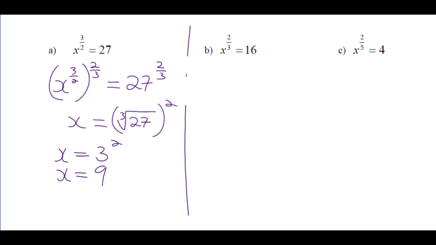And we do the same thing here. We've got x to the 2/3. I'm going to raise it to the power of 3/2, the reciprocal power. When I multiply them, I get 6/6, which is 1. If I raise one side to the 3/2, I have to do the same thing to the other side.